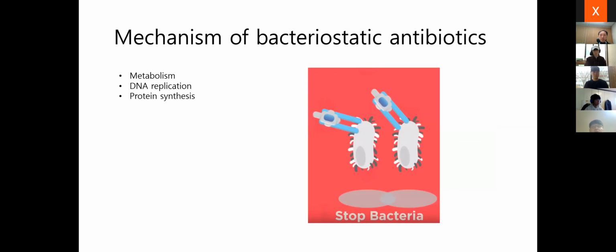There are two types of antibiotics according to their mechanisms. The first is bacteriostatic antibiotics. Bacteriostatic antibiotics stop the functions of bacteria that are needed for multiplying. For multiplying, bacteria do functions such as metabolism, DNA replication, or protein synthesis. Antibiotics get inside the bacteria, and in each cell, they attach to parts that perform those functions.